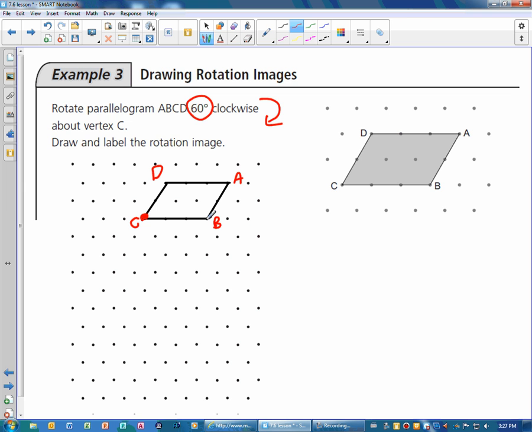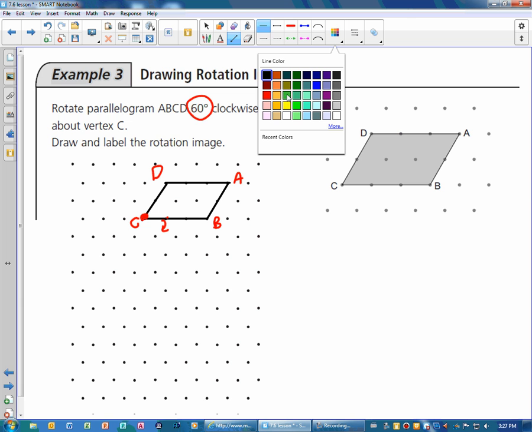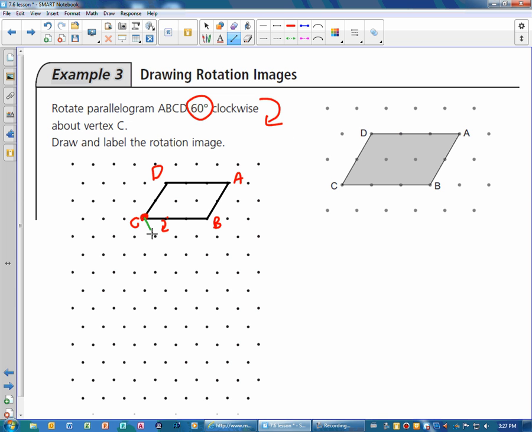Okay, so this line needs to go 60 degrees this way. Okay, count dots. 1, 2, 3. Okay, I'm going to try to use a different color if I can. Hold on. 1, 2, 3. So 1, 2, 3. 1, 2, 3. Okay, this has become this.